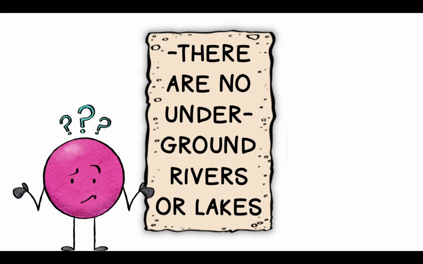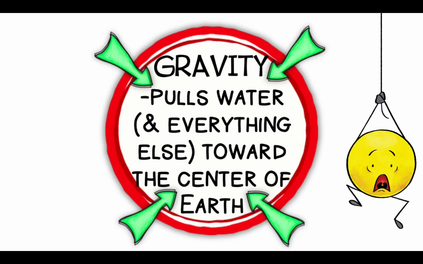If we have this groundwater and this surface water, doesn't it essentially just make an underground river? No. Let's talk about that. Gravity pulls water and everything else towards the center of the earth. We looked at this yesterday with our speaker from REWA.